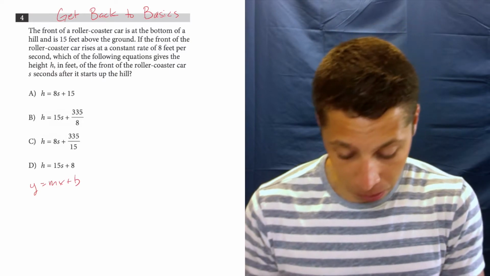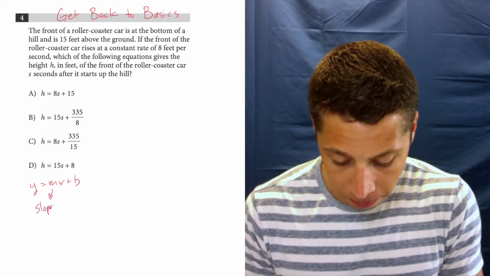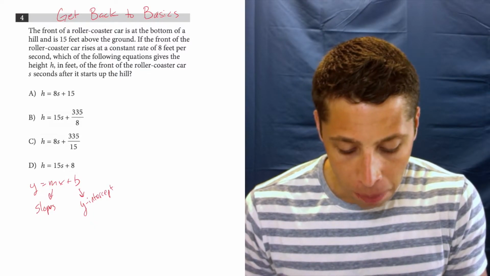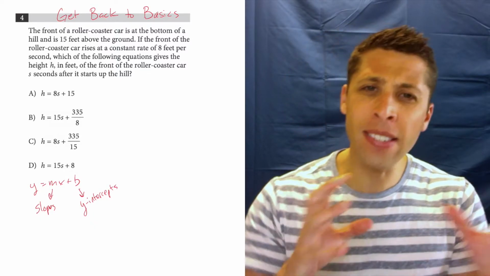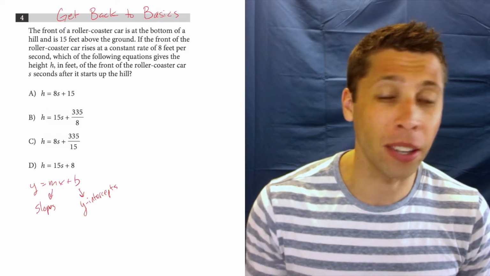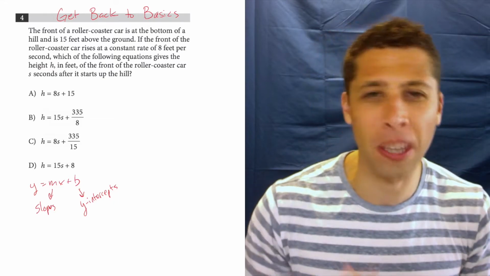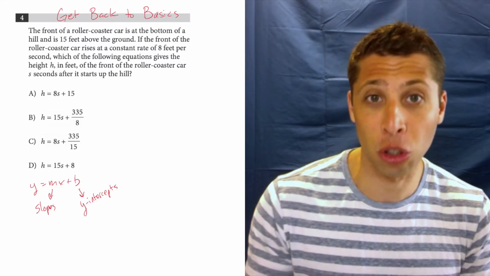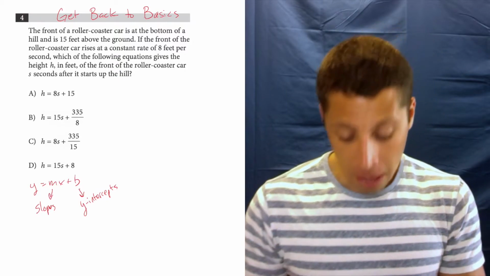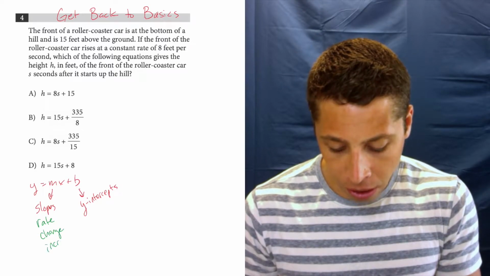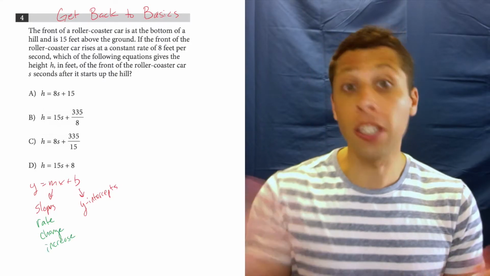I want to think in terms of slopes and y-intercepts. But when we have a story, these pieces of the linear equation kind of take on new meaning. They still are slopes, they still are y-intercepts, but there are certain words that we should associate with them in the context of a story. So a slope, that's a rate, a change, an increase, or a decrease, right?